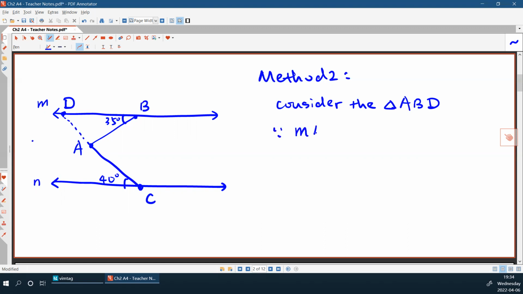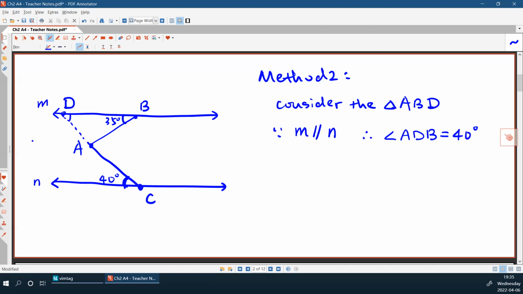Because M is parallel to N, angle ADB equals 40 degrees, because they are alternate interior angles.